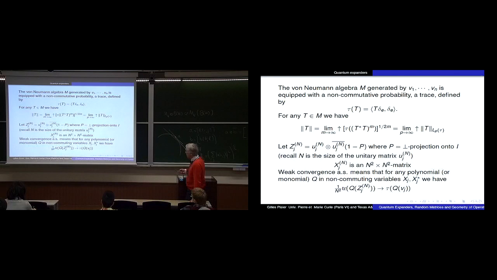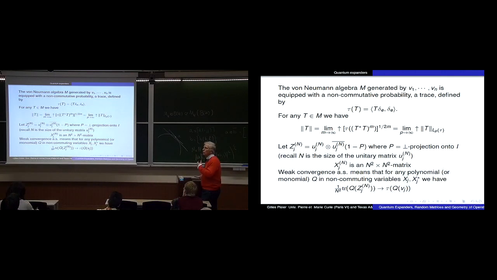So I remind you here quickly that we now want to analyze, oops, that should be a z. There's a misprint here. I changed x to z, and I forgot this one. So I decided to call this Z_j^n. So Z_j^n is an n squared times n squared matrix. And the weak convergence that I'm talking about can be expressed by just restricting, like you do in probability theory.